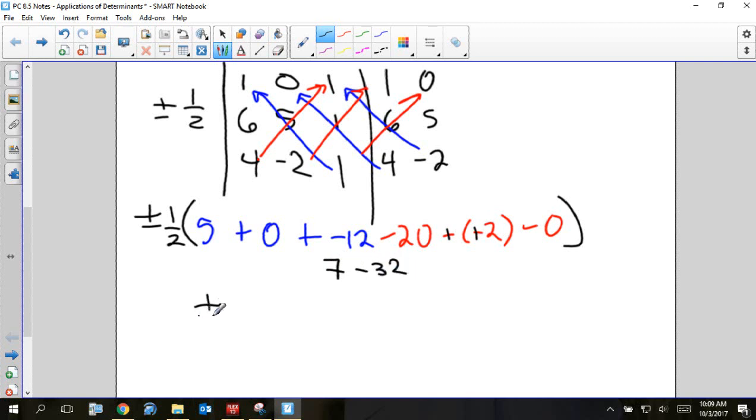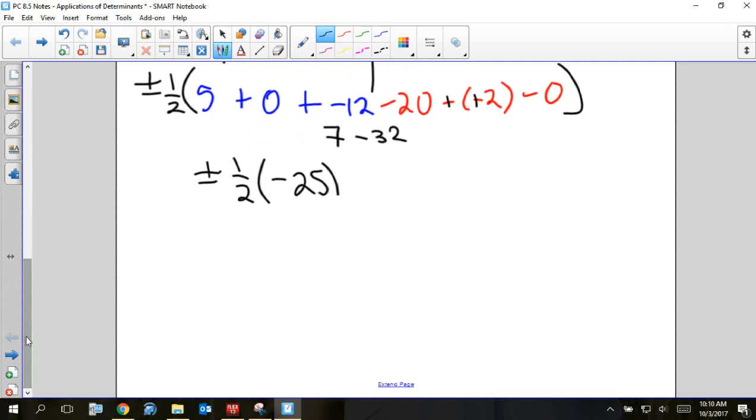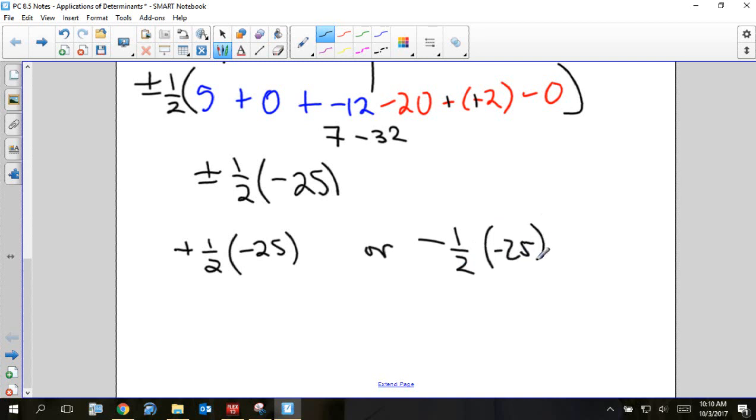So we get plus minus 1/2 of what number? Negative 25. So the area of this triangle is either positive half times negative 25, or it's negative half times negative 25.